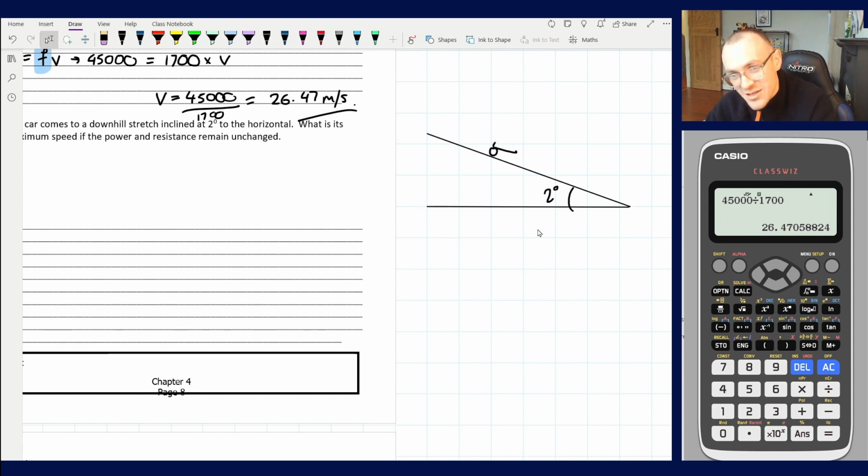So we've got the car, slope of 2 degrees. It's driving down the slope, a downhill stretch. It still has resistive forces, newtons, but now a component of the weight of the car is acting in our favor. It's helping us go down the slope.